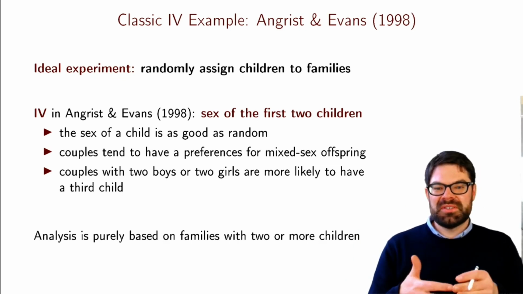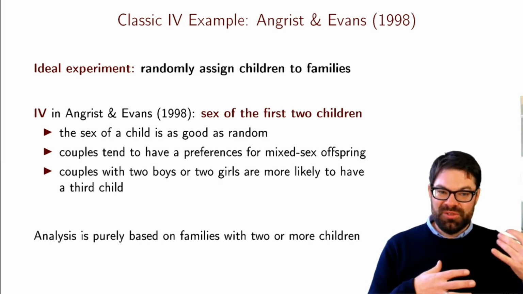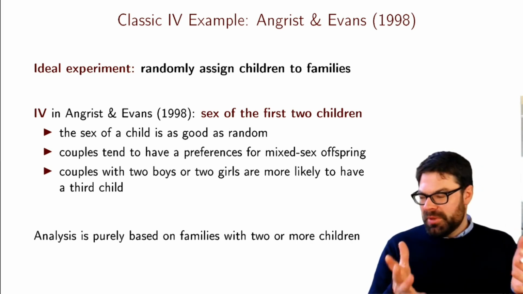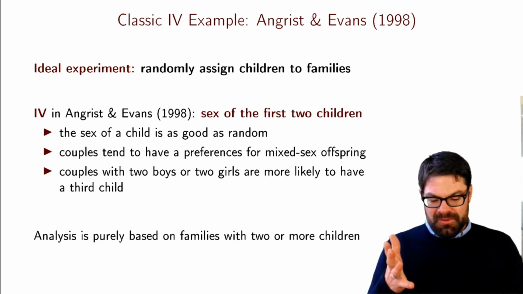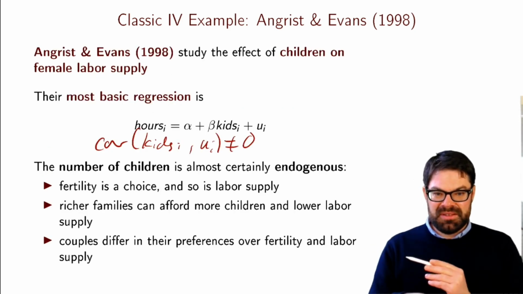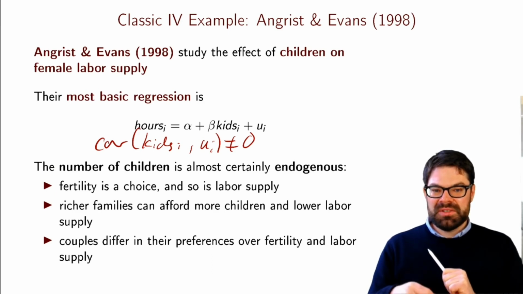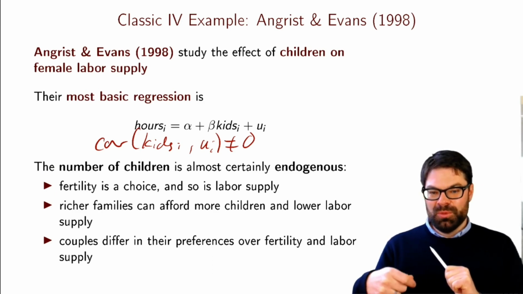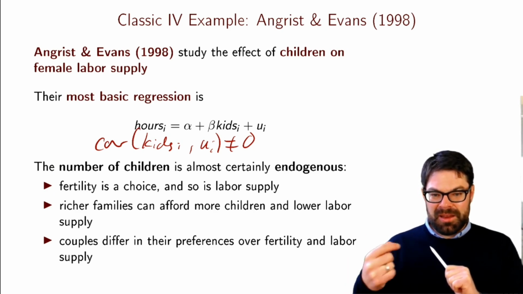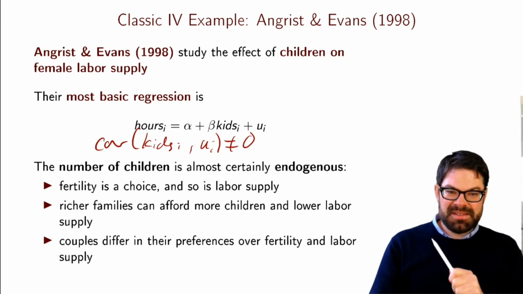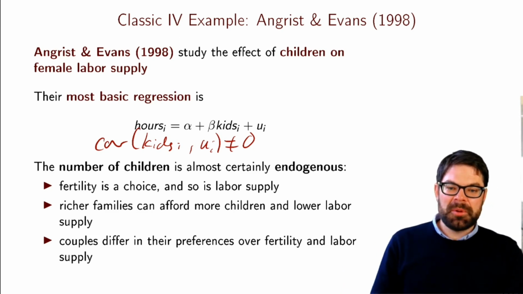Obviously, you can't just randomly assign children to families, but that would be the ideal experiment, right? So if I wanted to do away with this correlation here, which is that families who would for other reasons have higher or lower work hours also have more or less kids, and that's a systematic relationship.